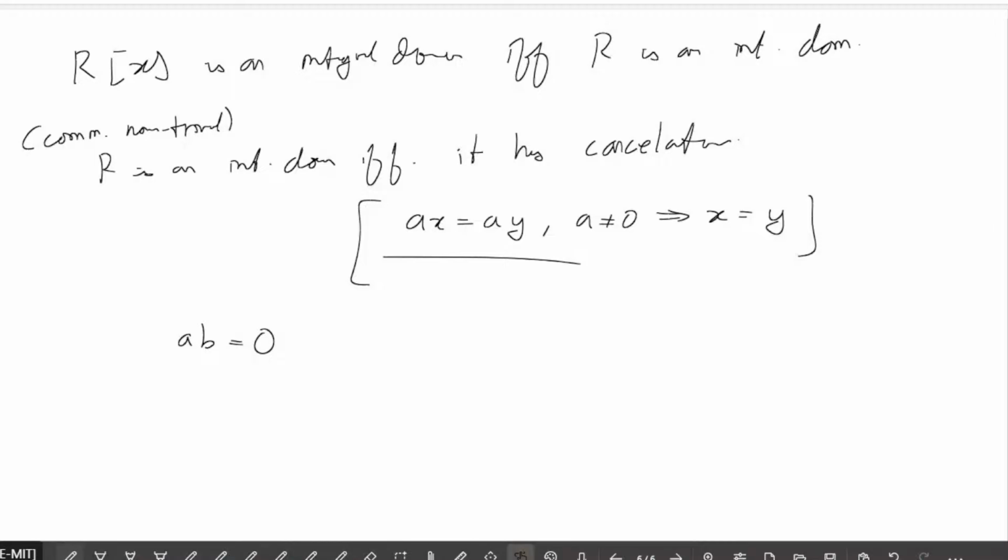Suppose ab equals 0, which is a times 0. If you assume cancellation, you can show that b is equal to 0. That means there are no non-zero zero divisors, so cancellation implies that also. It's an equivalent definition.